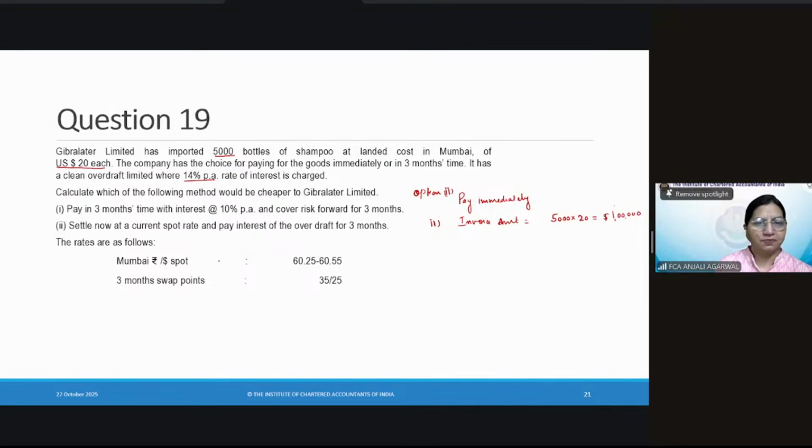So what is the current spot rate? 60.25 oblique 60.55. What do we need? We need the rupee per dollar rate. So how much will we have to pay? 1 lakh into the applicable rate: 1 lakh into 60.55, 60 lakhs 55,000.